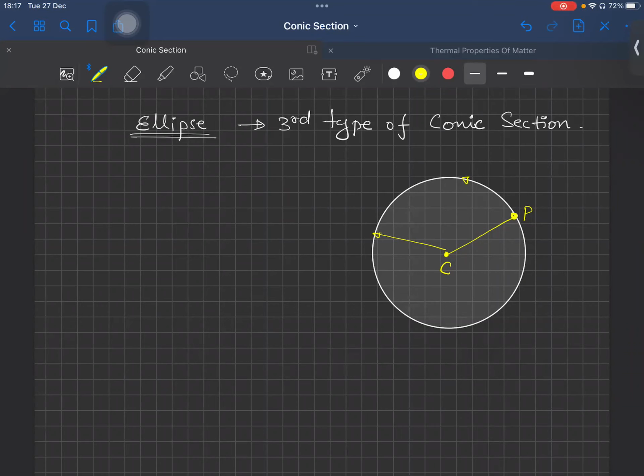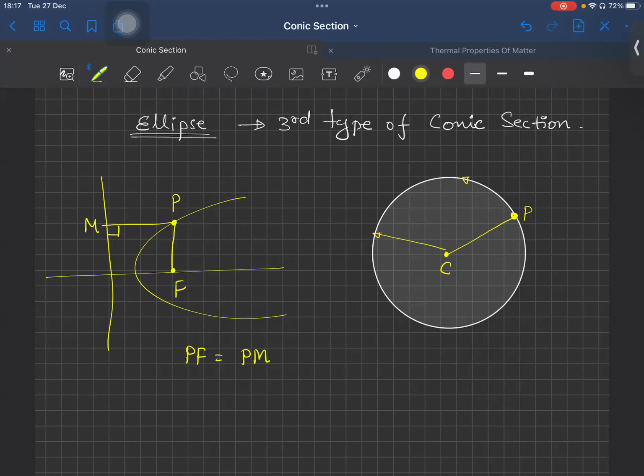That is the definition of circle. Now, when we were studying parabola, we studied its distance from the focus to any point on the parabola. If you draw a directrix at 90 degrees and let's say this point is M, then PF is equal to PM.